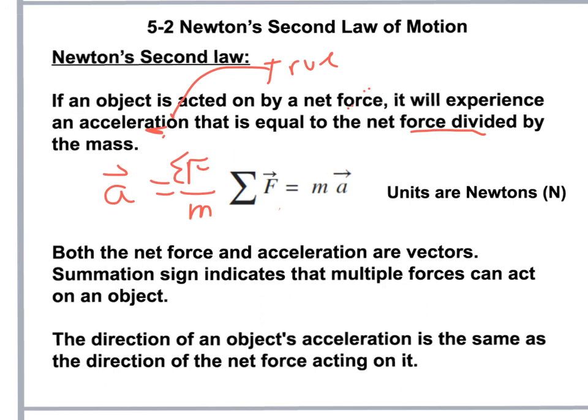So if we look back at this equation in this form here, the reason why publishers write it that way is because you're applying a force to a mass, and it's causing an acceleration.